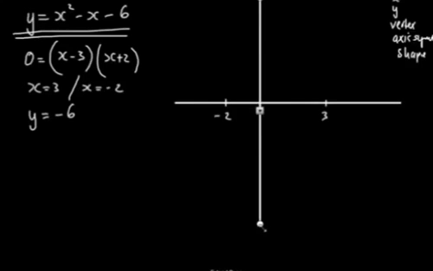That's going to give us the point 0, negative 6. So I'll put that just here. So we've got negative 2, 0, we've got 3, 0, and we've got this point 0, negative 6. That's simply by setting x equal to 0. So we've done that, we've done that.